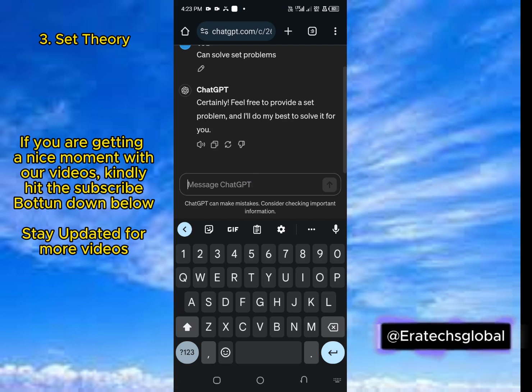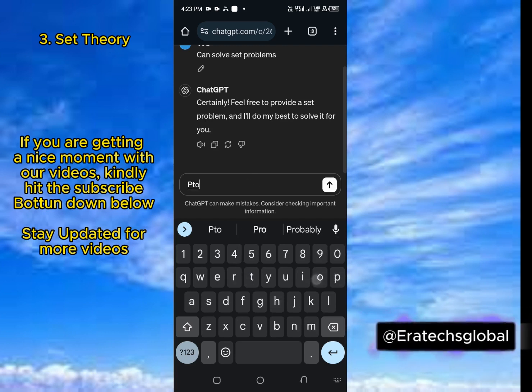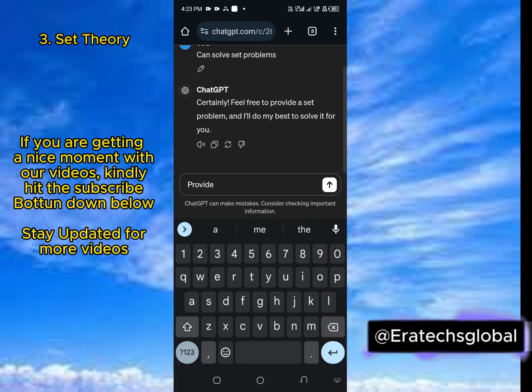Okay, now tell ChatGPT to provide one, unless you have an assignment that you want to solve, you can just key it in there.